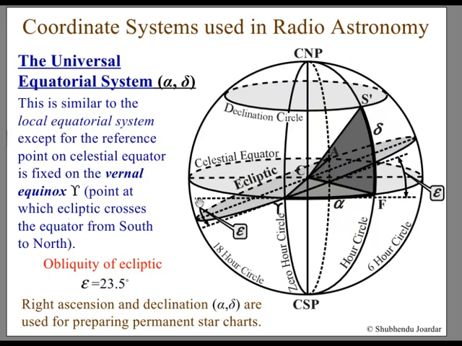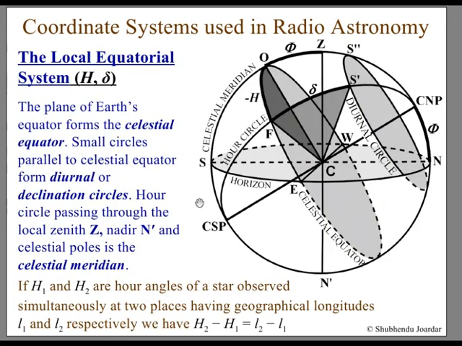Now we go to the universal equatorial system. In the previous system, the local equatorial system, we used the local meridian as the reference point, from which we calculate the angle.